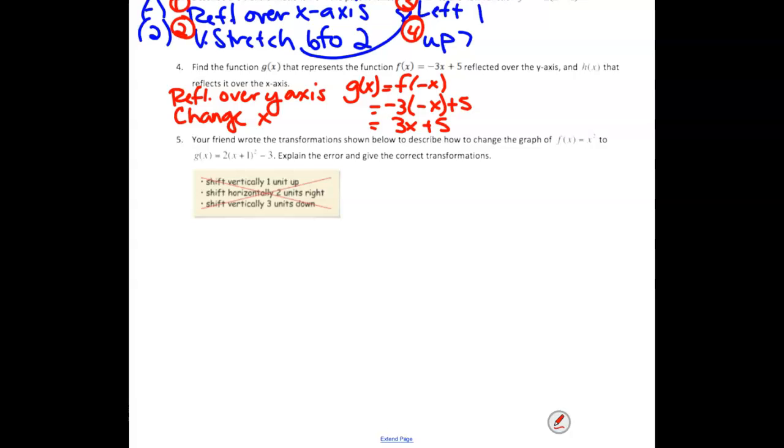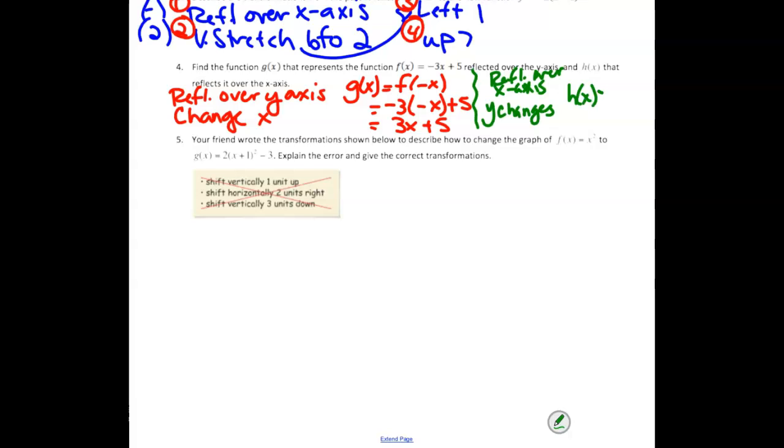Okay? If we want to reflect over the x-axis, what changes? Y changes. But y is the whole thing, right? Y equals negative 3x plus 5. We have to change the whole thing. So h of x is going to change everything.